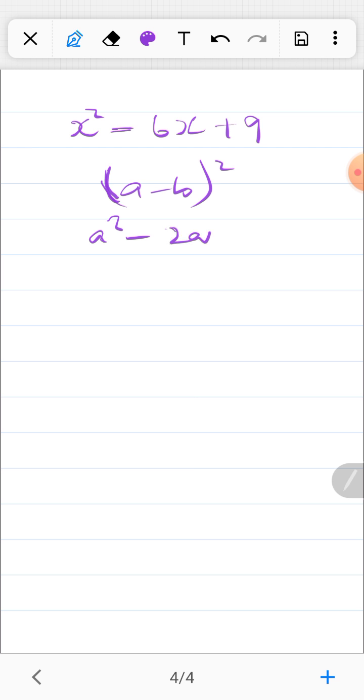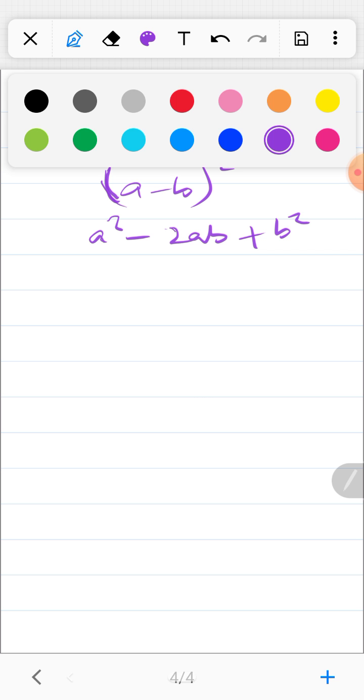Example 2. What if it was x squared minus 6x plus 9? Again, since this is minus, I want this to be something like a minus b squared. And I know that a minus b squared, when expanded, is a squared minus 2ab plus b squared.